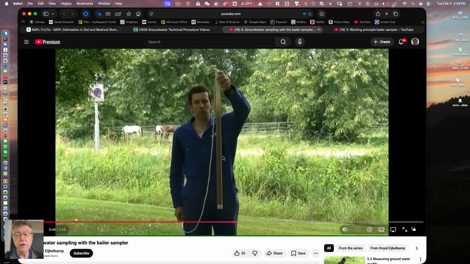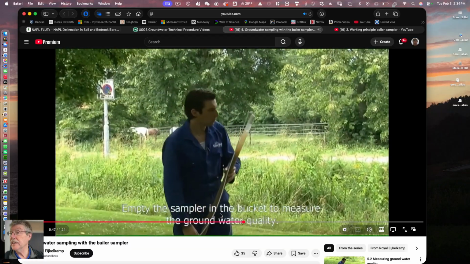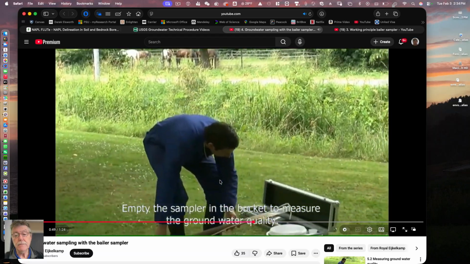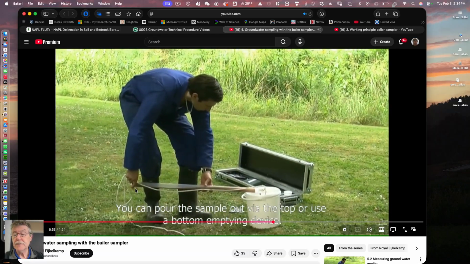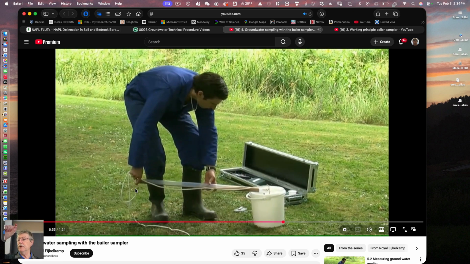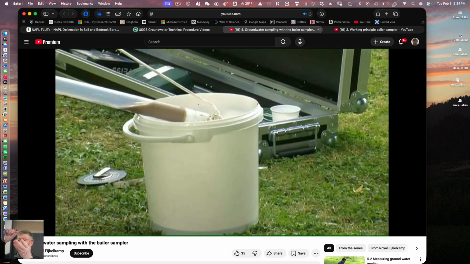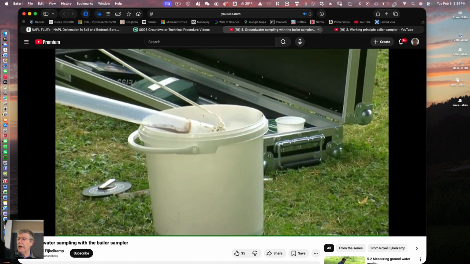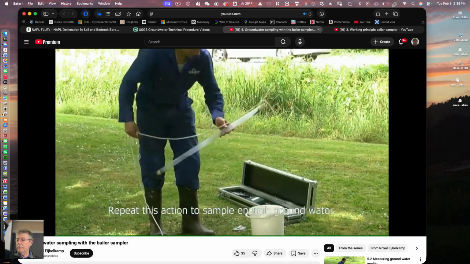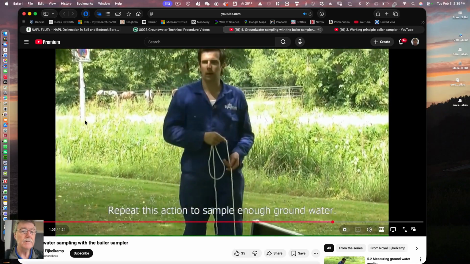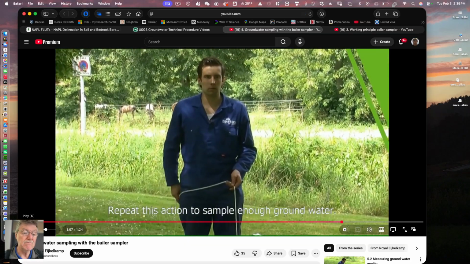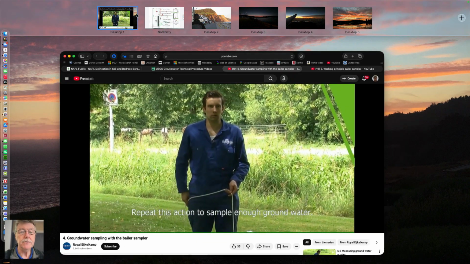But some fluids will only sit at the base of the water, DNAPLs you'd expect. So some bailers will actually have a ball valve at the bottom, so that when you push it down, this ball valve floats and allows water in through the bottom. And then when you yank up the bailer, the ball valve falls down with the weight of the fluid above it and seals it from below. So again, not rocket science, but a clever idea.